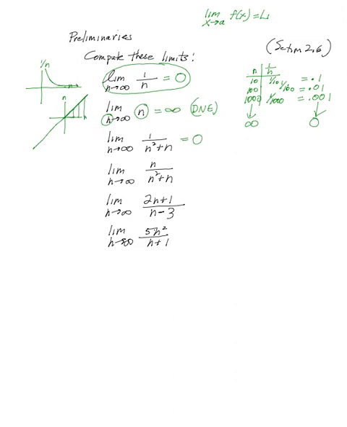It is 0. As n approaches infinity, n squared plus n is going to approach infinity. And so the bottom is getting bigger a whole lot faster than the bottom is getting bigger here. So this quantity, 1 over n squared plus n, is going to go to 0 faster than the quantity 1 over n did.